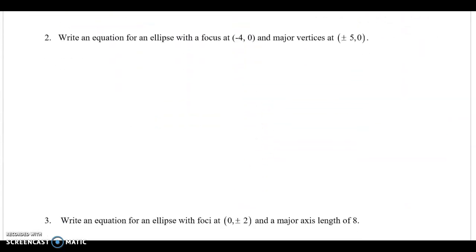Write an equation for an ellipse with a focus at (-4, 0) and major vertices at (plus or minus 5, 0). So just as a quick sketch, you go, all right, well, if the major vertices are at plus or minus 5, 0, that tells me 2 things. That tells me that it's centered at the origin, which is nice. So sometimes I just make a little template right now.